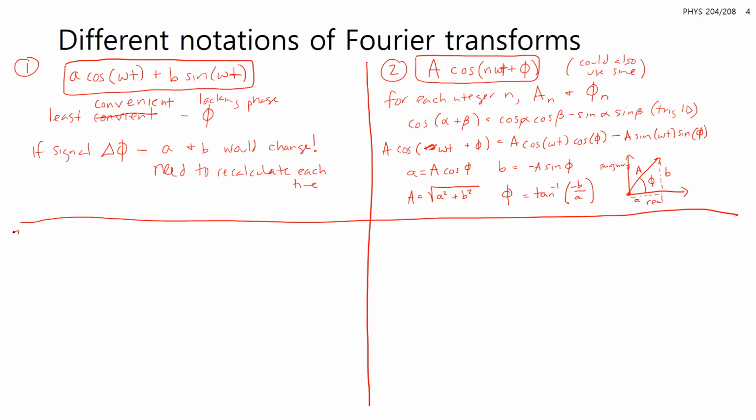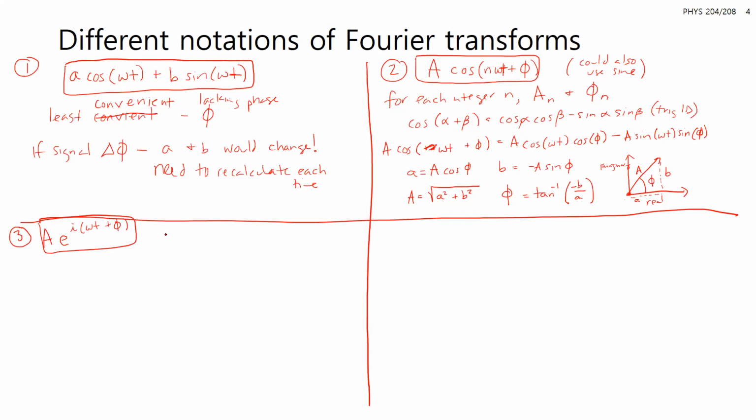The third notation is applying Euler's formula, where instead of representing this as sines and cosines, we can represent it in terms of exponents. So we can say A times the exponent of i, the imaginary number, times omega t plus our angle phi. So this is our third notation.